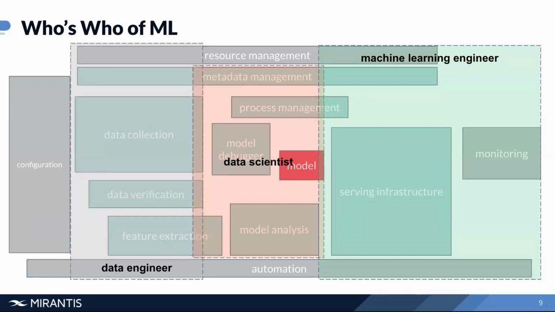Remember, features or attributes. So feature extraction, data verification, and of course, there's part resource management and metadata management to provide something to the data scientist, who's actually responsible for all the rest. So model analysis, model debugging, the model itself, and process management, and access to metadata management. So a lot of different parts, and you will see when we talk about Kubeflow more directly, it gets as complex as mentioned earlier.